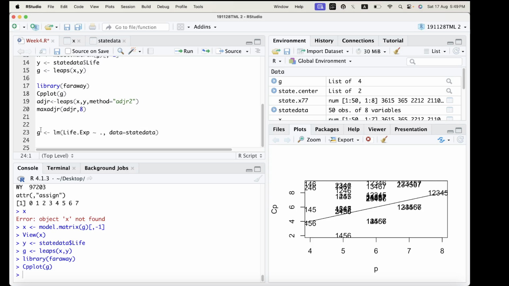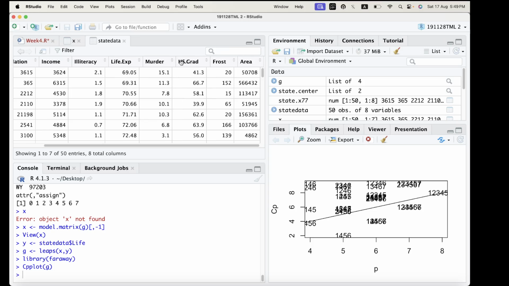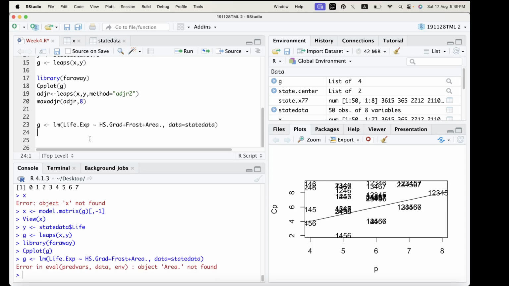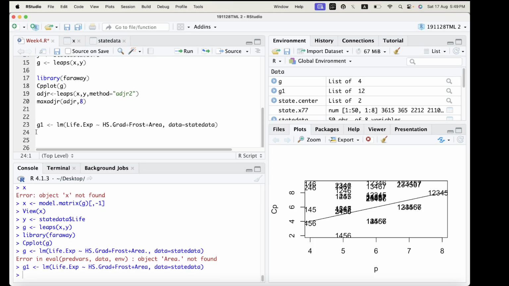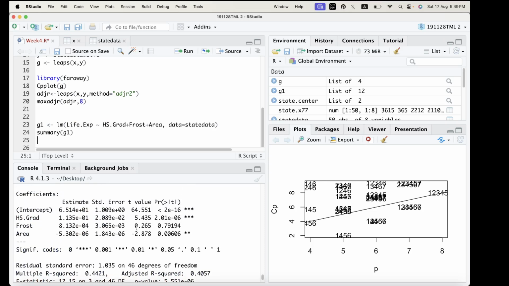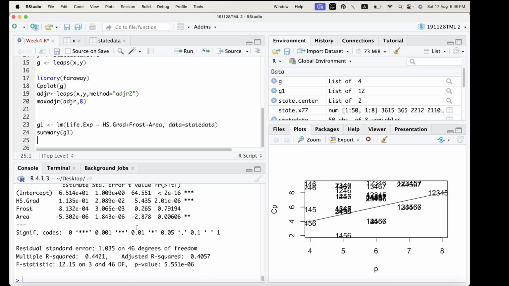So if I do life expectancy on HS.grad plus Frost plus Area, and I name it as g1, and if I give summary(g1), let me see if the metrics are good or not.